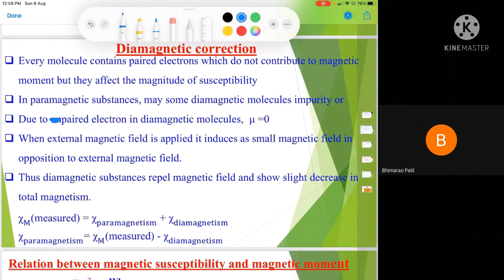And due to this repulsion, the diamagnetic substance shows a slight decrease in the total magnetism.